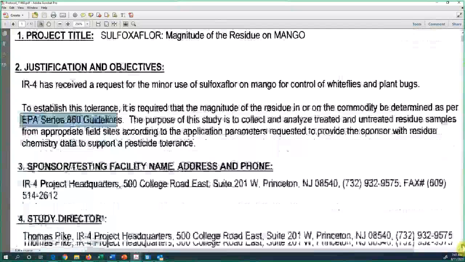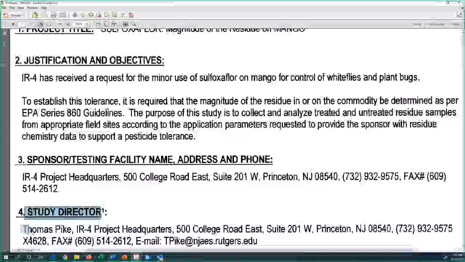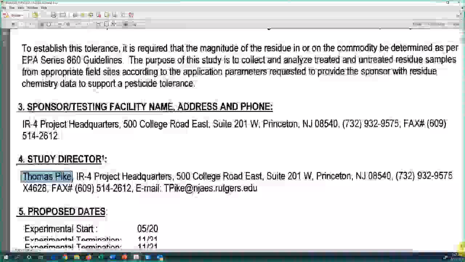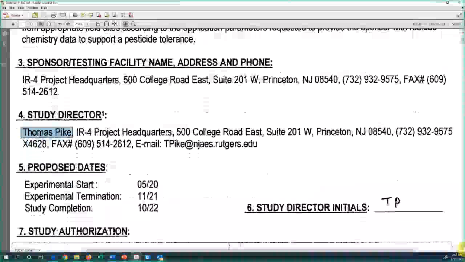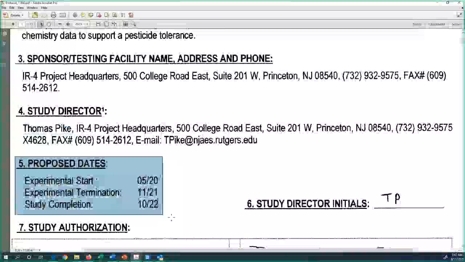We have the sponsor here, and the study director here. In this case it's Thomas Pike, at IR4 headquarters in Princeton, New Jersey. We have all those dates there. Remember, these are estimated dates.